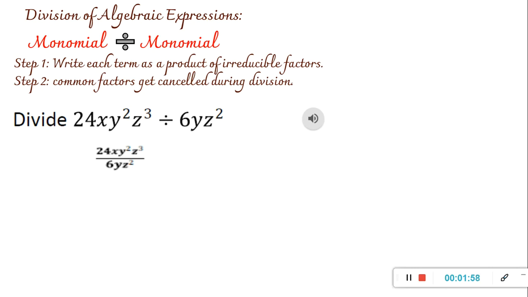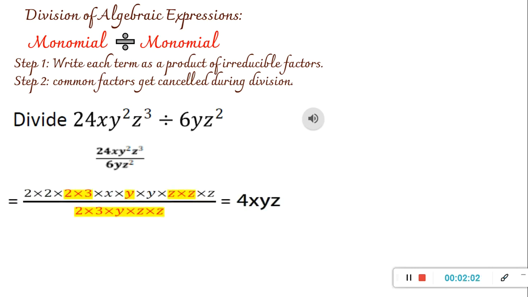Now the remaining x into y into y into z into z into z. This is how we write the factors of 24xy square z cube. Now let's look at the second term, which is 6yz square. This can be written as 2 into 3 into y into z into z.